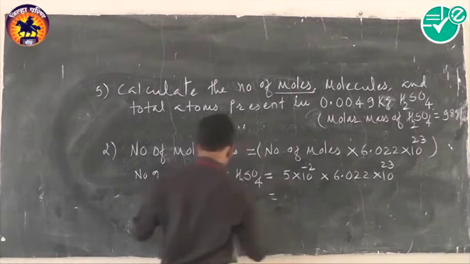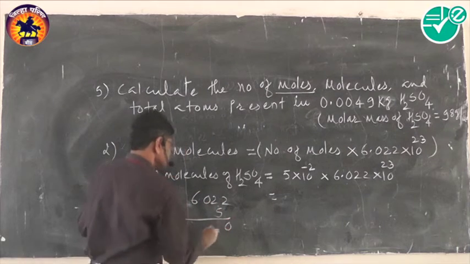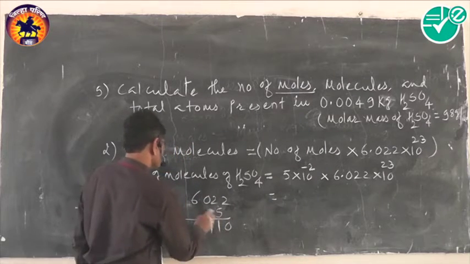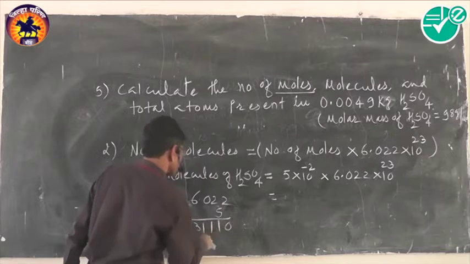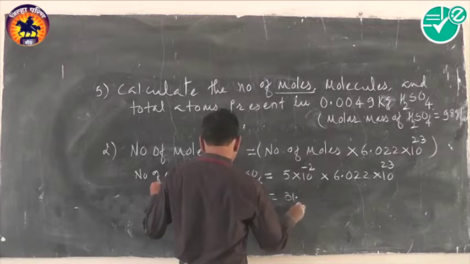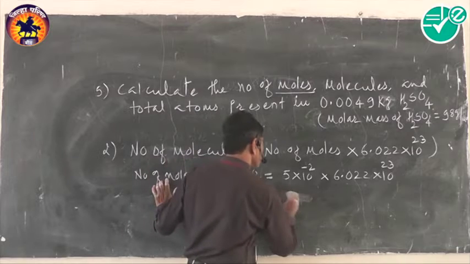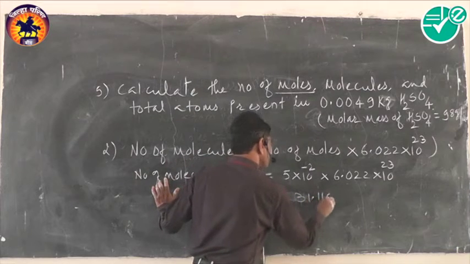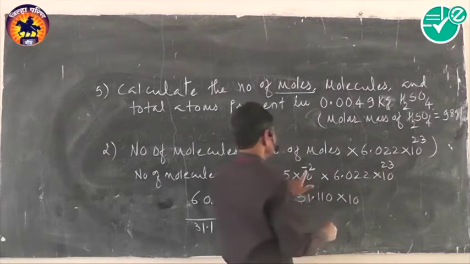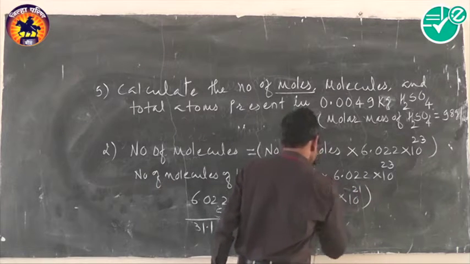Now we have to multiply this. So 6.022 multiplied by 5, and so it is 31.110. 31.110 into, now this is 10 raised to 23 and this is 10 raised to minus 2, so it is 10 raised to plus 21.